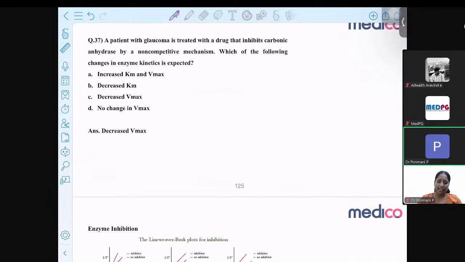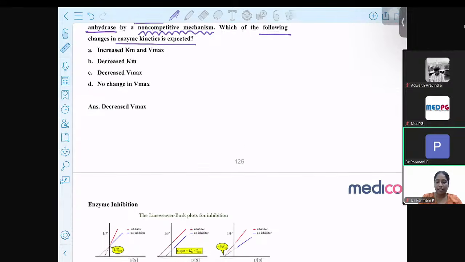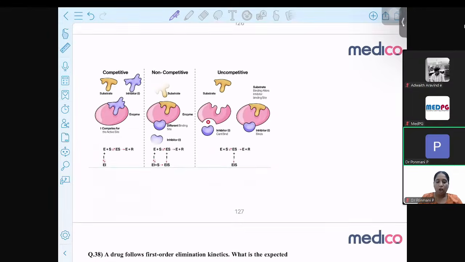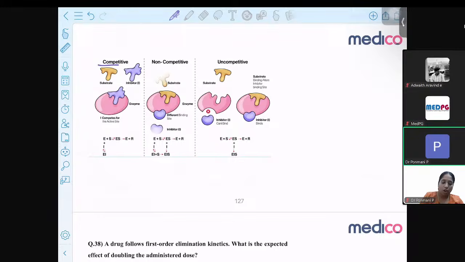Now coming to the next thing. A patient with glaucoma is treated with a drug that inhibits carbonic anhydrase by a non-competitive mechanism. Which of the following changes in the enzyme kinetics is expected? So you need to know what is a competitive inhibitor, what is a non-competitive inhibitor, and what is an uncompetitive inhibitor.